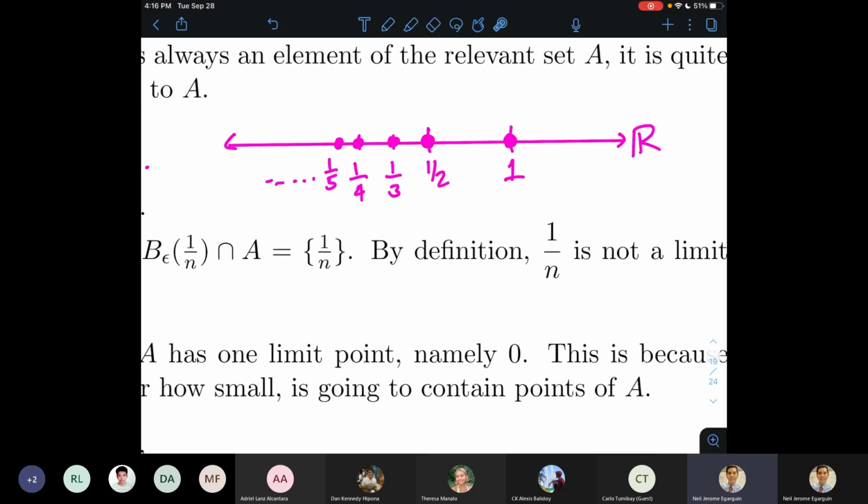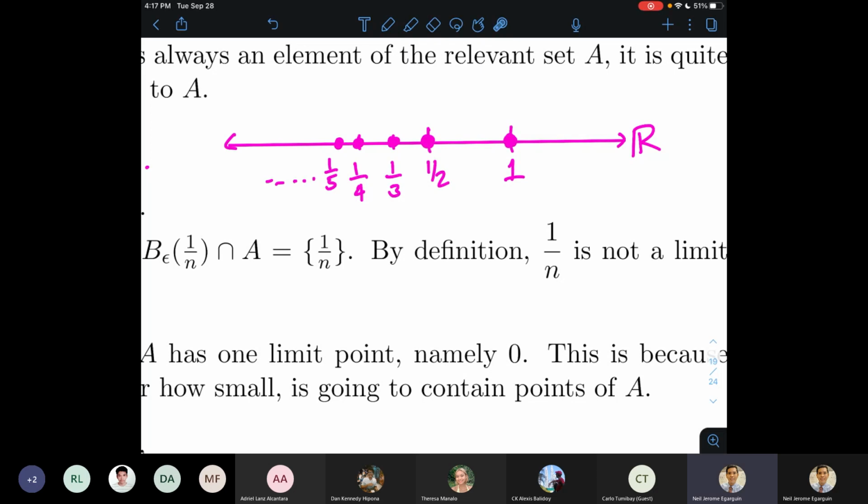So, kaya ko bang bumuo ng epsilon neighborhood around 1 na wala nang mahagip na ibang elements ni capital A? Of course, I can choose my epsilon to be, say, dismal. Para yung epsilon neighborhood na mabubuo ay ito lamang. Right? And obviously, wala siyang ibang elements ni A except for 1 itself.